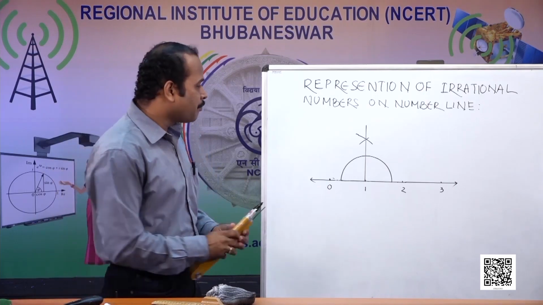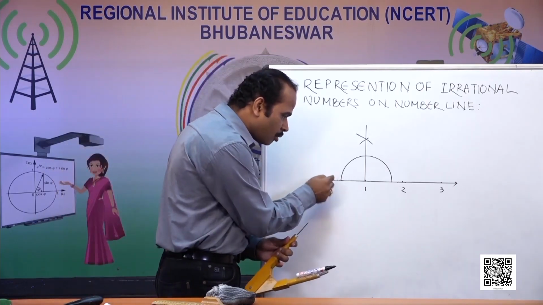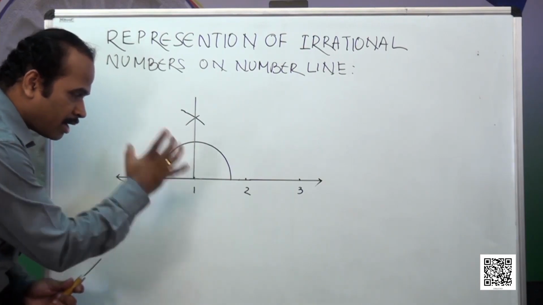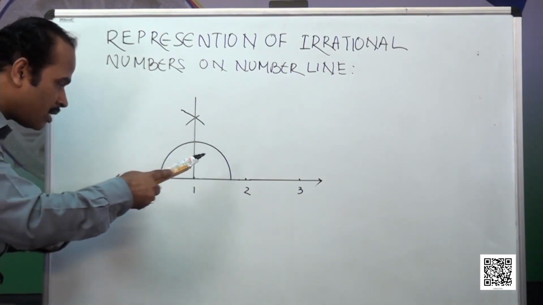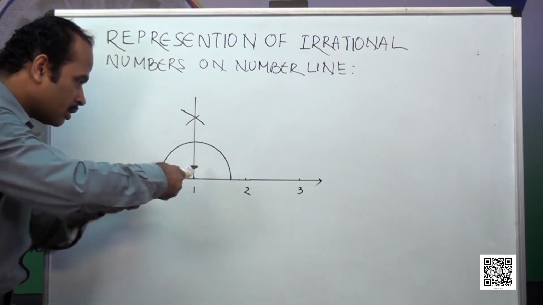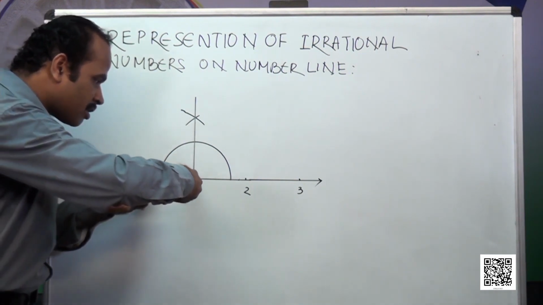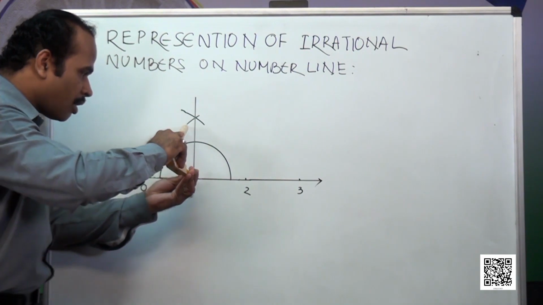Suppose this is my 0, and this 0 to 1 is 1 unit. Let me select this 1 unit here, and on this line I will cut the same 1 unit. The same 1 unit let me cut here.